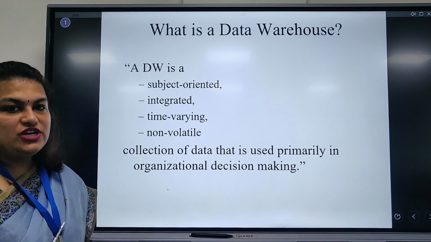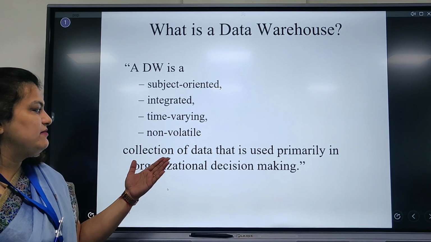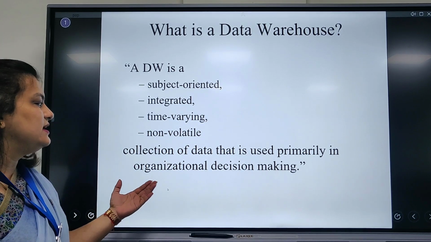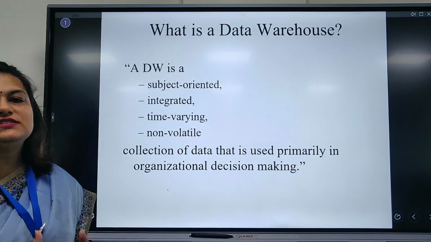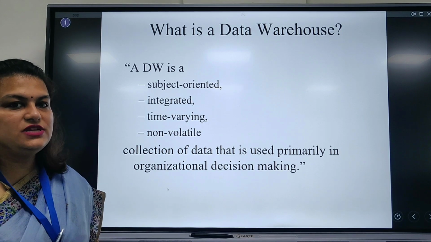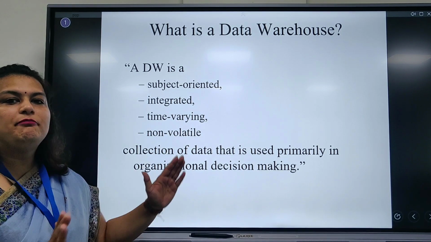A data warehouse is a subject oriented, integrated, time varying and non-volatile collection of data which is used in organizational decision making, like when analysis is to be done. So it is a complete package.